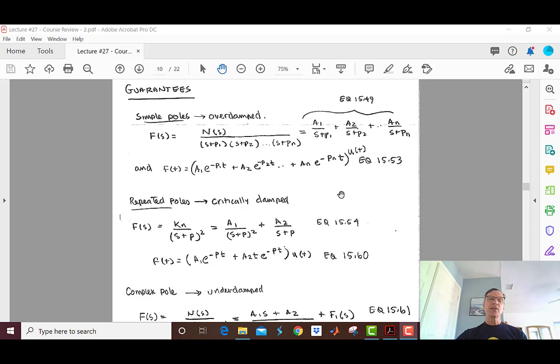Now, given these guarantees, overdamped, you can do this, critically damped, you can do this, etc. How do we get A1, A2, and A whatever? And we did it two ways. We used the residue method, which is a real clever thing, and it allows you to substitute each pole in and then calculate. And that's a pretty good method if you have simple poles.